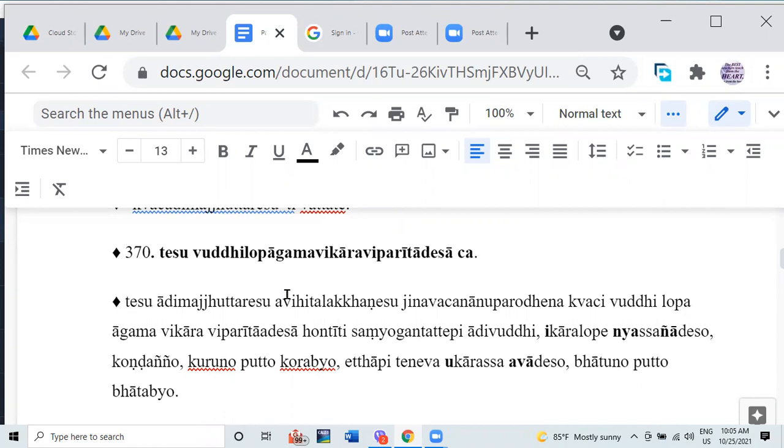So this Avita Lakane should find Adi Majo Tresu. So at the beginning, in the middle, and at the end, the suttas are not yet arranged.